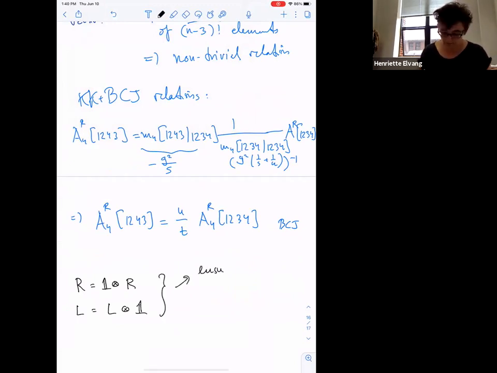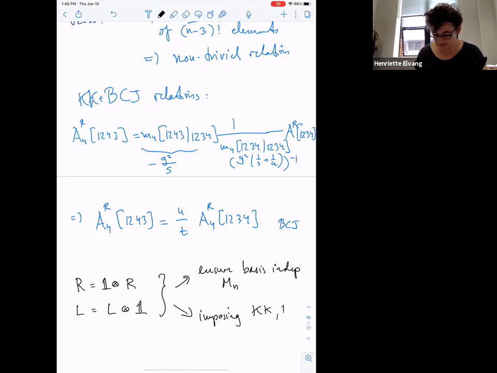They ensure the basis independence of which n-3 factorial choices I make for my KLT sum. And they do so by imposing on the amplitudes the combined KK and BCJ relations. So this algebra actually has a meaning.